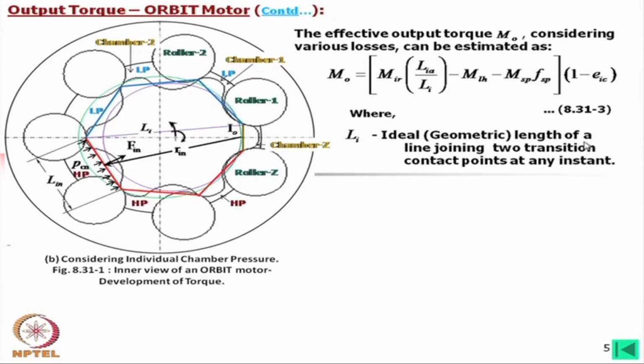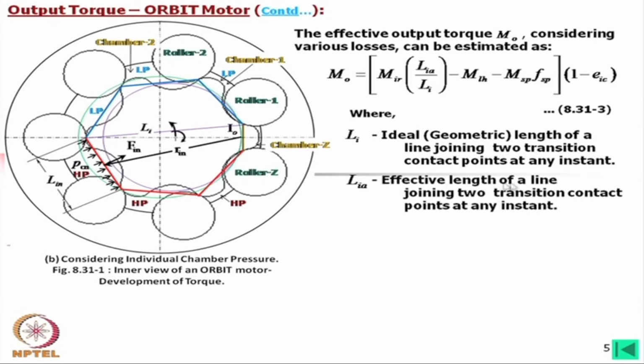Li is the ideal geometric length of the line joining two transition contact points at any instant. And then Lia is the effective length of the line joining two transition contact points at any instant. What is effective length and what is ideal length?